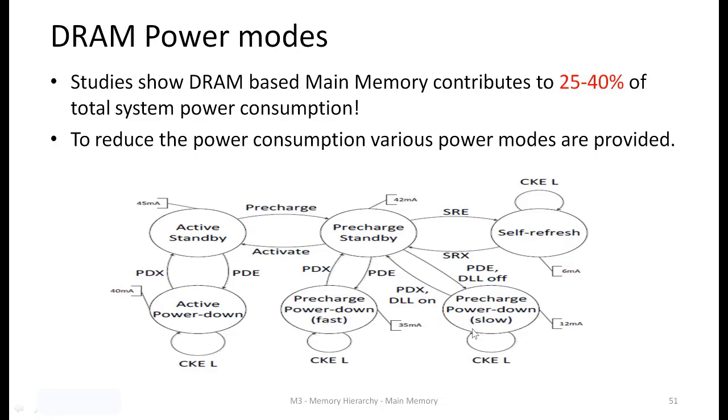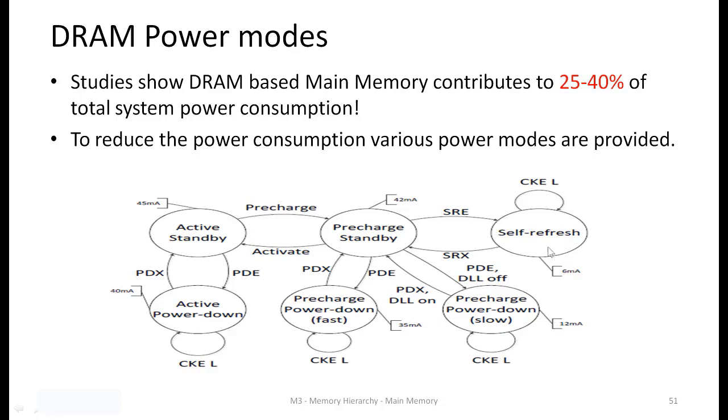What fast and slow means: if we put the rank in precharge power down slow mode, it takes longer to bring it back to the regular precharge state. In the same way, we have precharge power down fast mode, wherein we can bring the DRAM back to the regular mode a little bit faster.